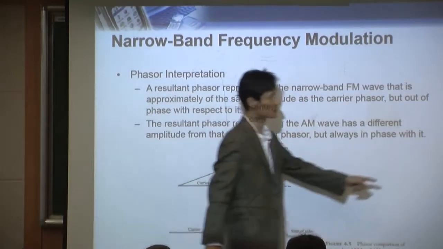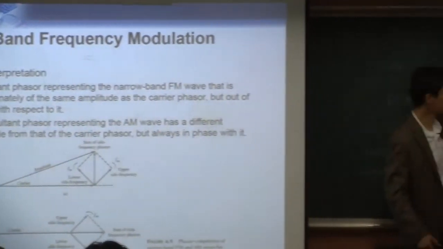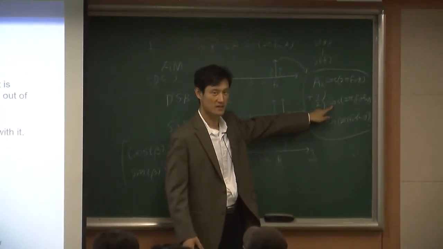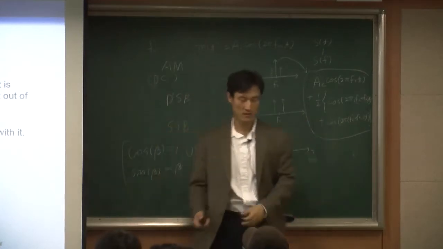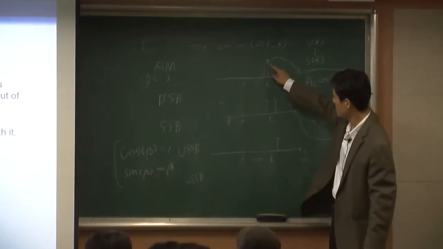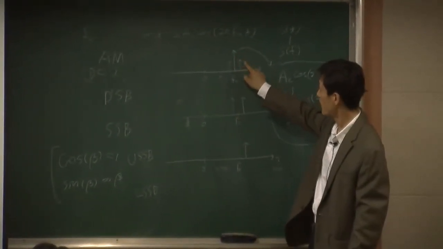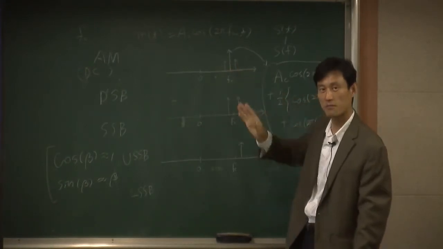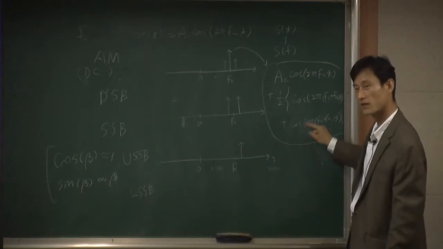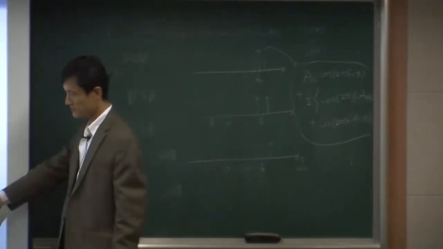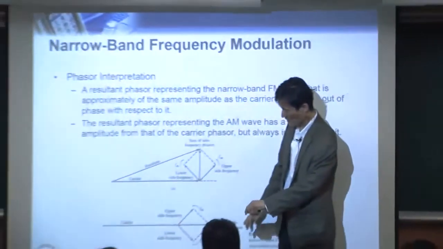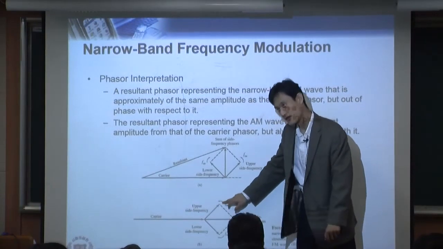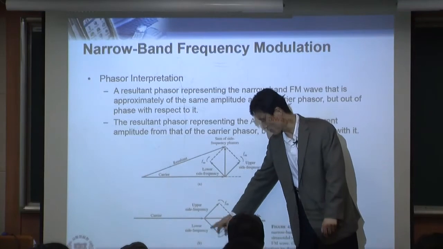We have three terms: the carrier, the upper sideband, and the lower sideband, three arrows, three impulses. Same thing here. The big arrow is the carrier, this one is the upper sideband, and this one is the lower sideband.